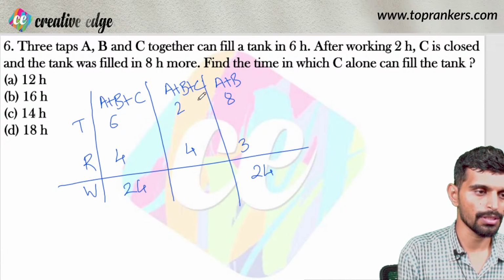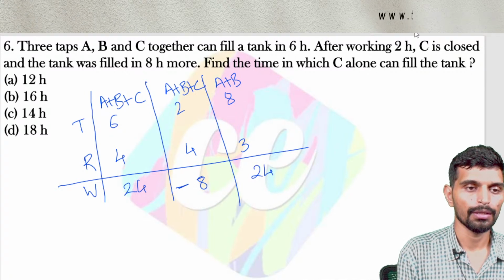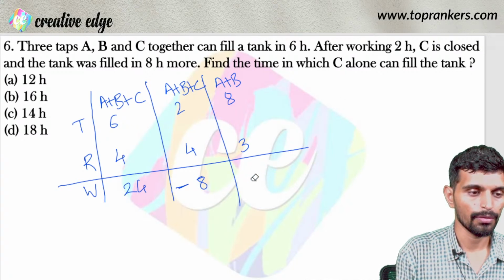As the question suggests, in 2 hours A, B, C can complete 8 units. So 24 minus 8 gives you 16 units remaining.